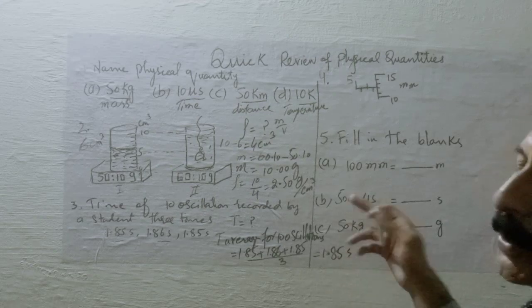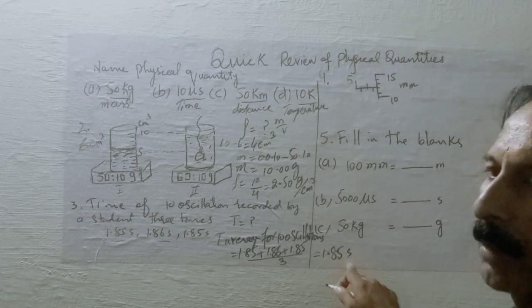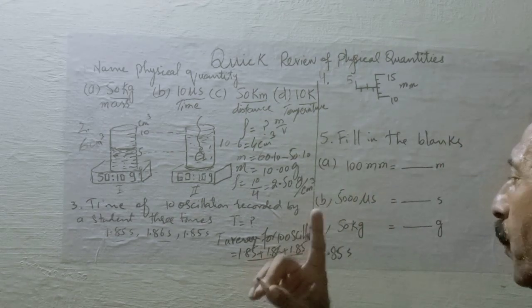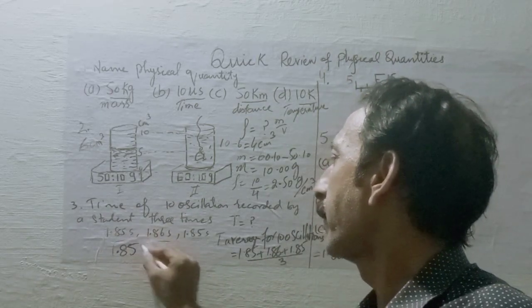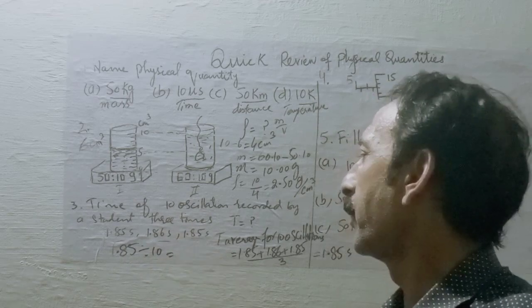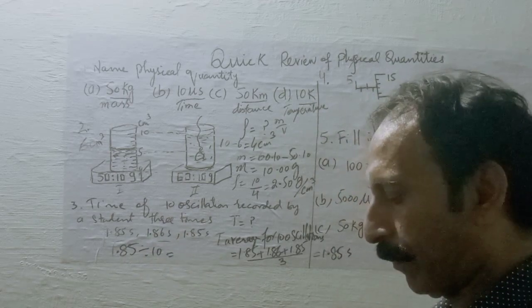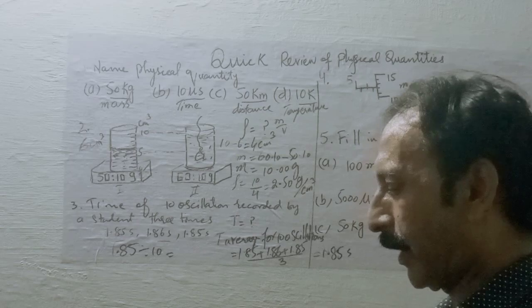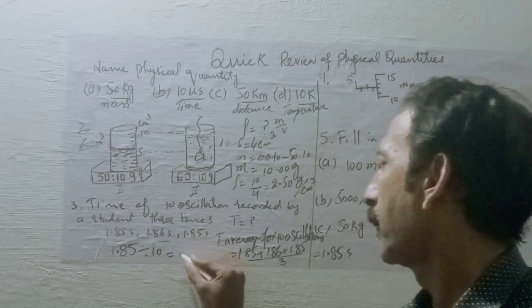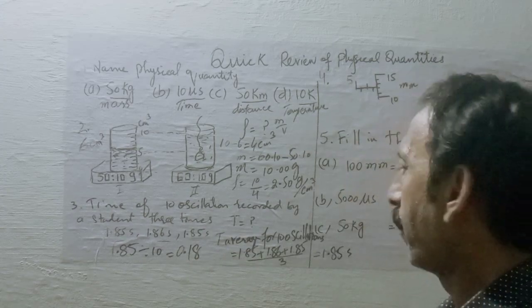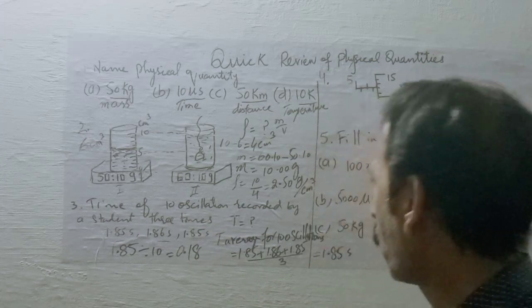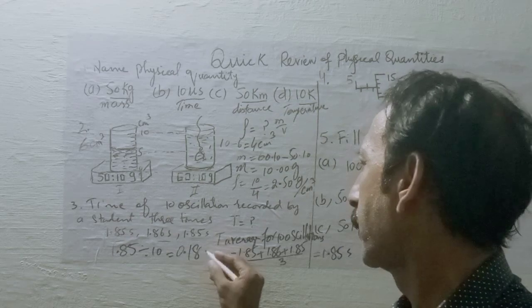Now, obviously we will divide it by 10 to get the time for one oscillation. So 1.85 divided by 10, your answer would become 0.185 second.